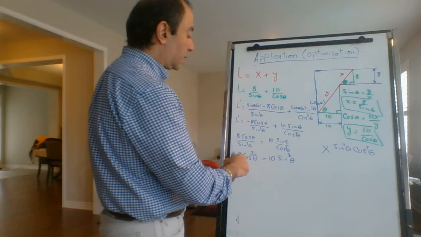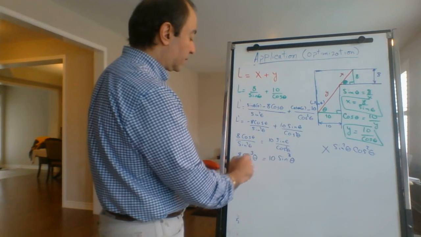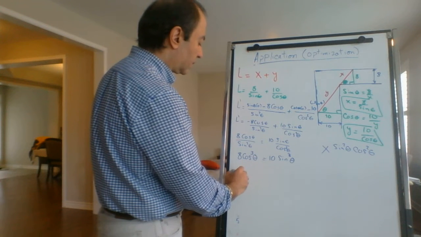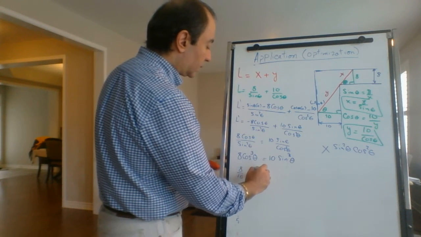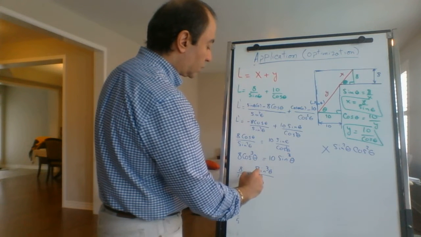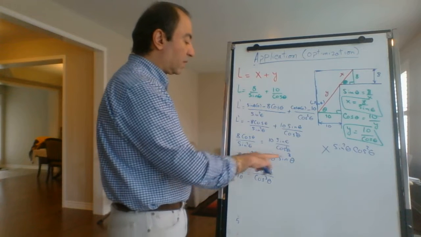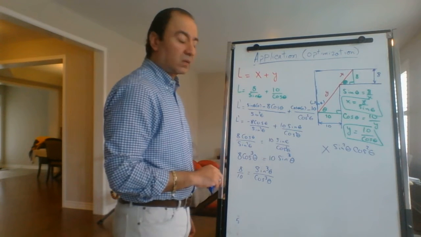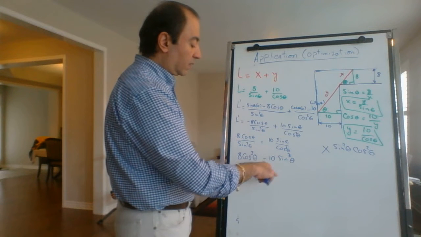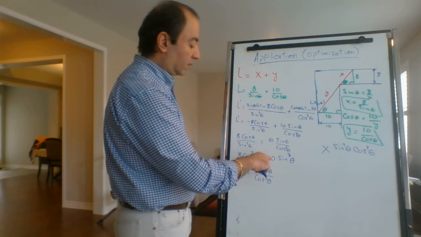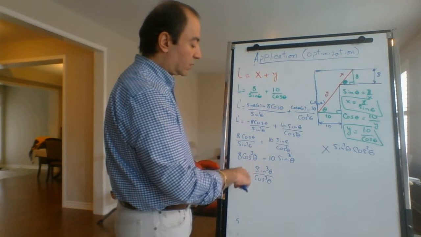Now I can divide this by 10, so 8 over 10 will equal sine cubed over cosine cubed. You know, the problem is when you have two trig ratios like this, you cannot solve the equation. So by doing this, I divided everything by 10 cosine cubed.